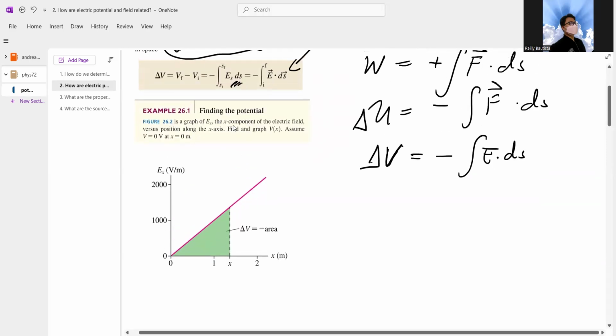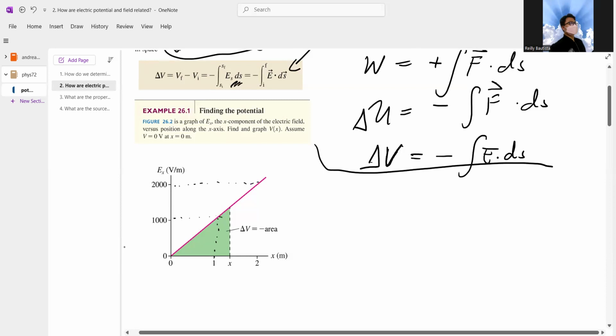We need to find the potential given this plot. This is just the electric field along the x-axis, and we need to find and graph V(x). We have to assume the following values. Let's check some of the values here. At x equals 1 meter, it matches here, 1000 volts per meter.